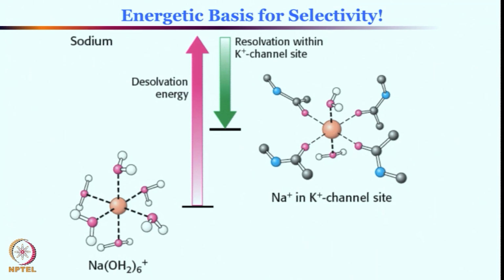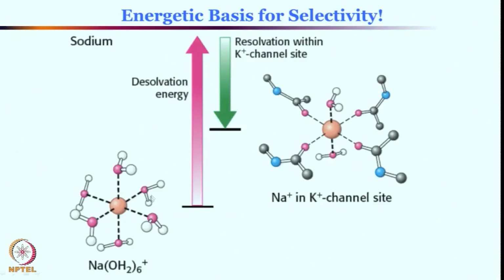So this is really a wonderful design by nature, which ensures that despite lithium and sodium being smaller in size, having higher dehydration energy prevents them from participating in this interaction with the protein backbone, and therefore their effective size becomes much higher than what their atomic radii would give rise to.